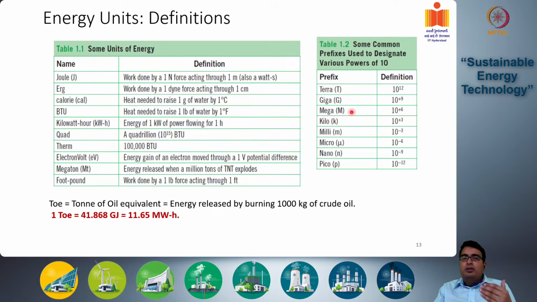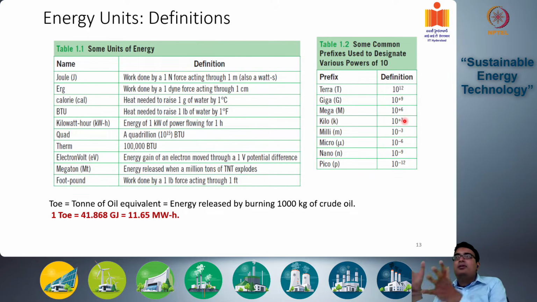So here also, when you look at SI units, there are certain prefixes that come when we look at 10 to the power x. Okay, x can be negative when you are looking at fractional values, and can be positive when you are looking at large values. So for example, kilo is a prefix for 10 to the power plus 3.